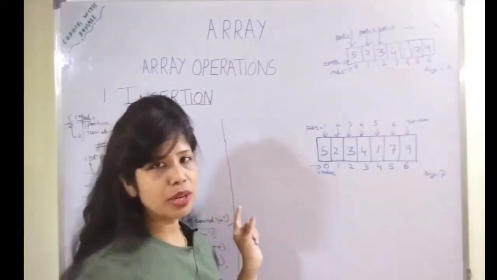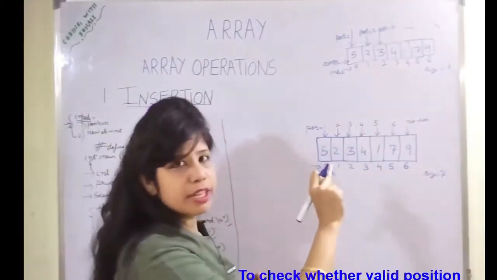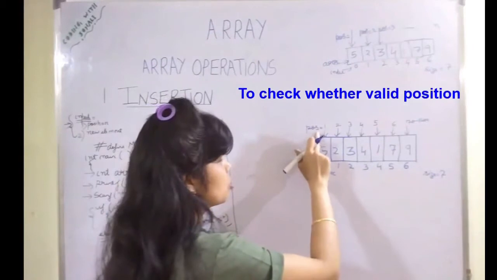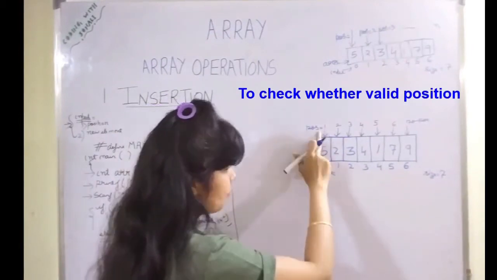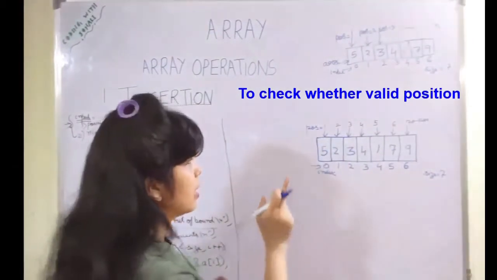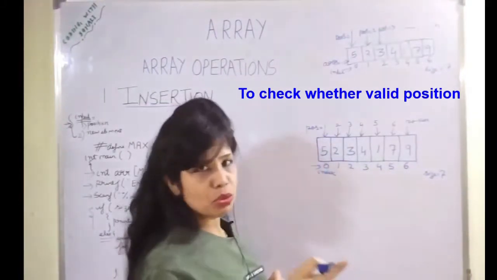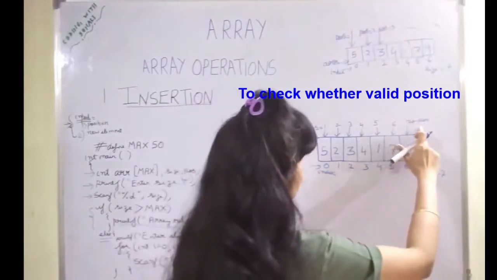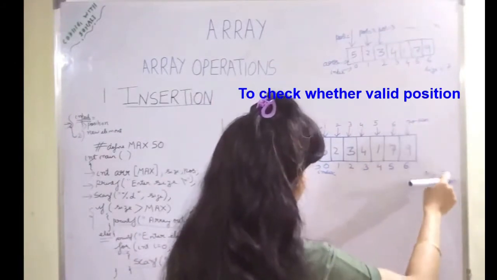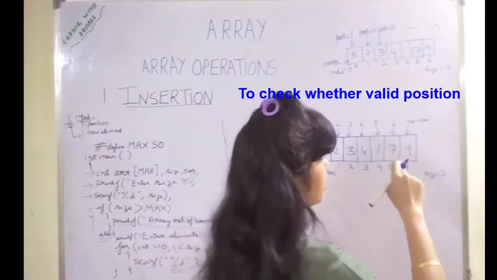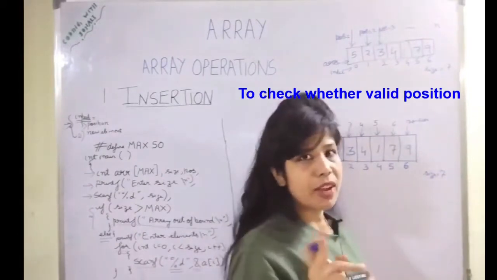We ask the user to enter the position, and we should check some conditions. The position should not be lesser than 1. If the user enters 0, then we will give invalid position. The size is 7, so the position should not be greater than size plus 1. Why size plus 1?